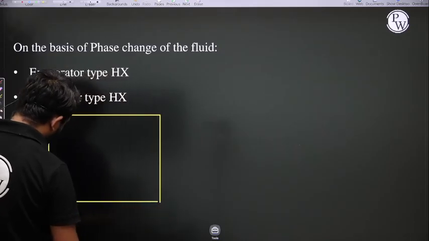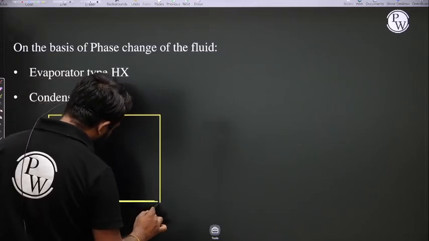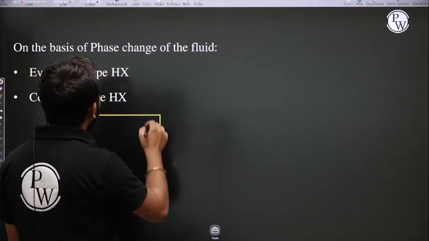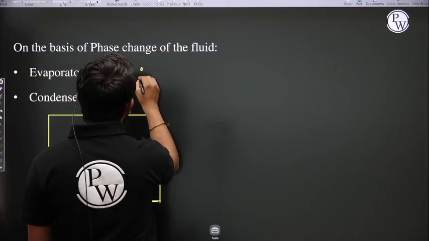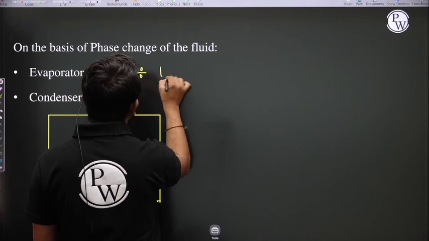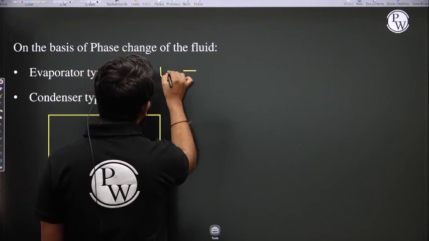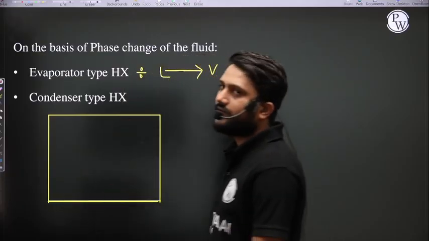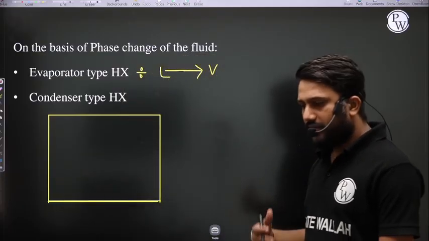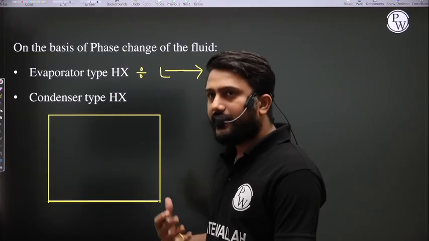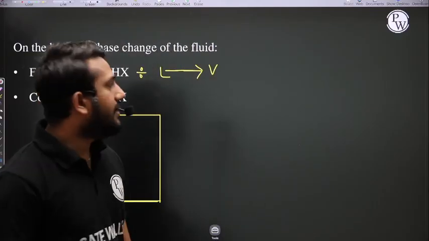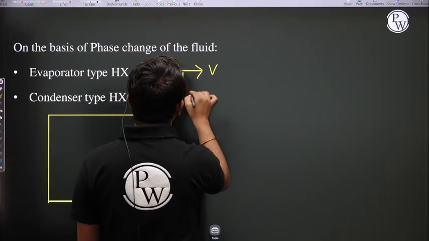See here, the evaporator type of heat exchanger. In the evaporator type of heat exchanger, there is a liquid, and that liquid is converted into vapor. If liquid is converted into vapor, the latent heat of vaporization is required.